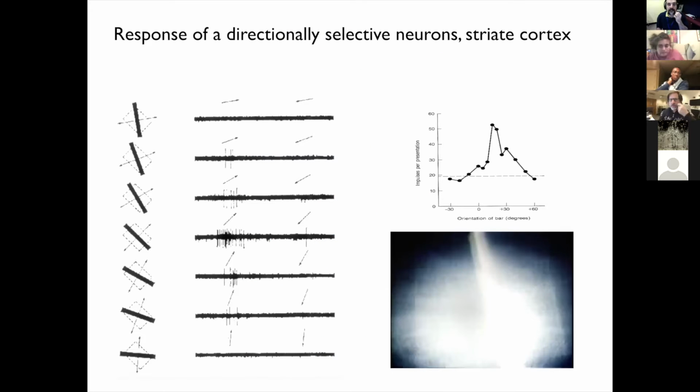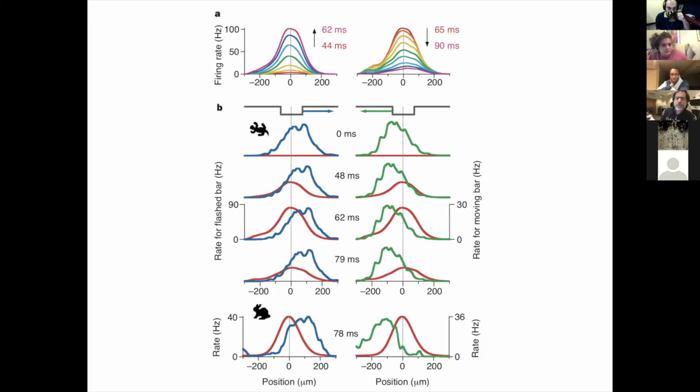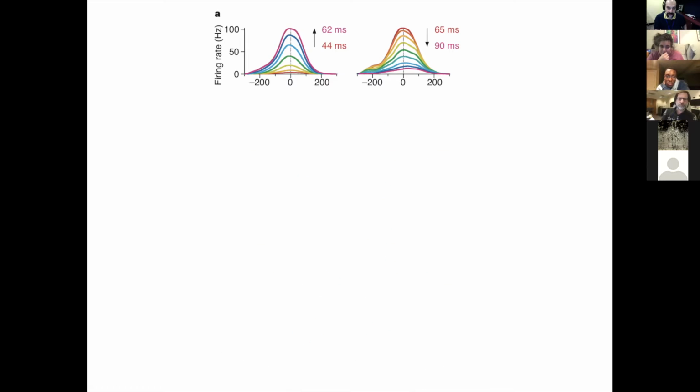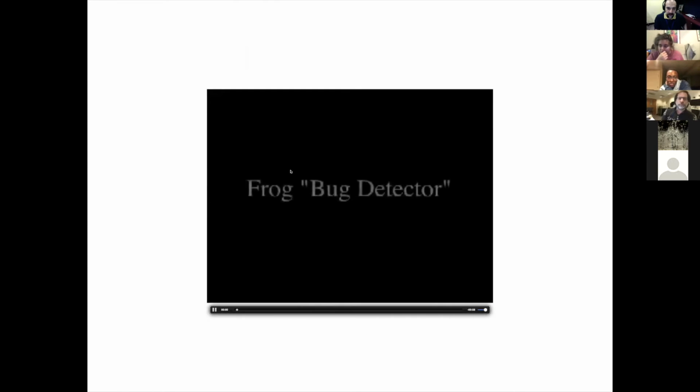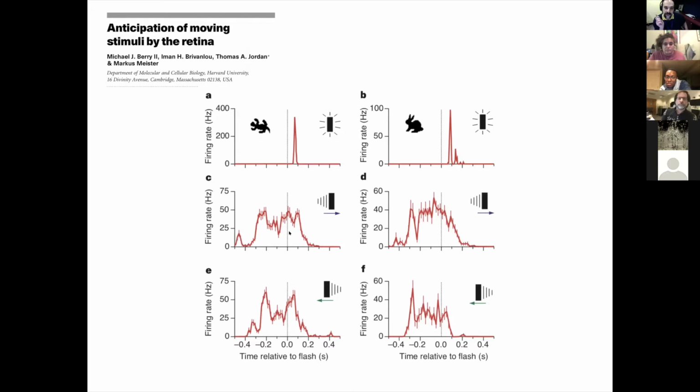Arash, why do you refer to this as predict? Because at this time, let's say at this position, let's do the time plot. When the bar is moving here, this is time. When this is firing, the bar has not arrived there.